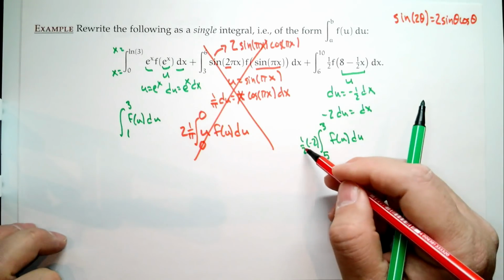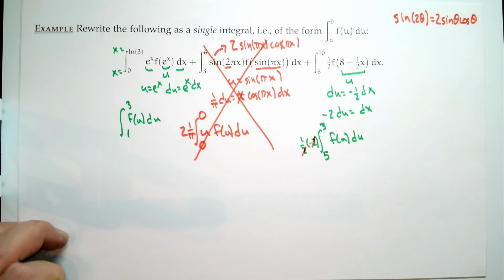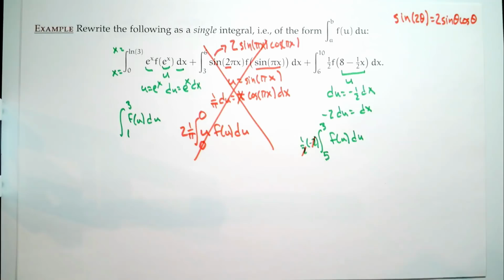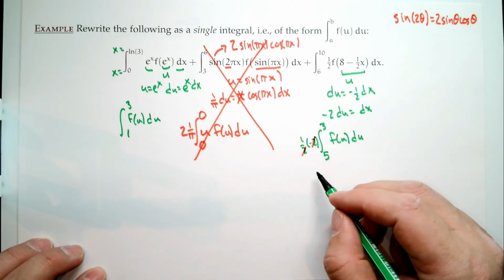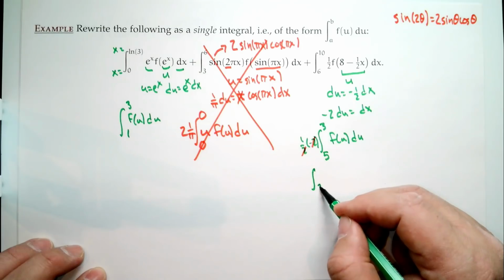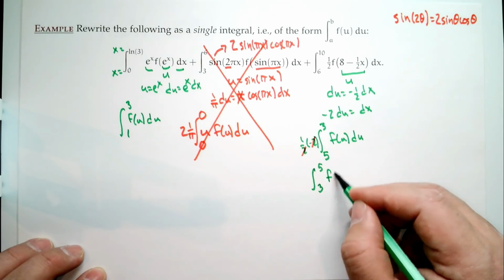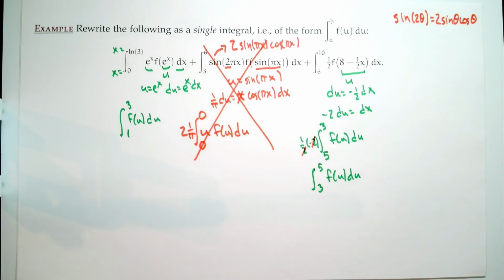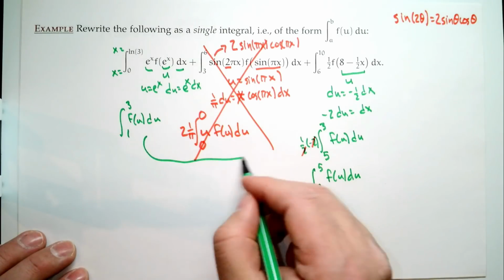One easy thing is we can knock out the 2's. Also, we see that our bounds are sort of backwards from how we usually like to write them. But we also have a minus, so that's great. We can actually fix that. We'll put our bounds in the right order, 3 to 5, and then just drop the minus because that'll go away.